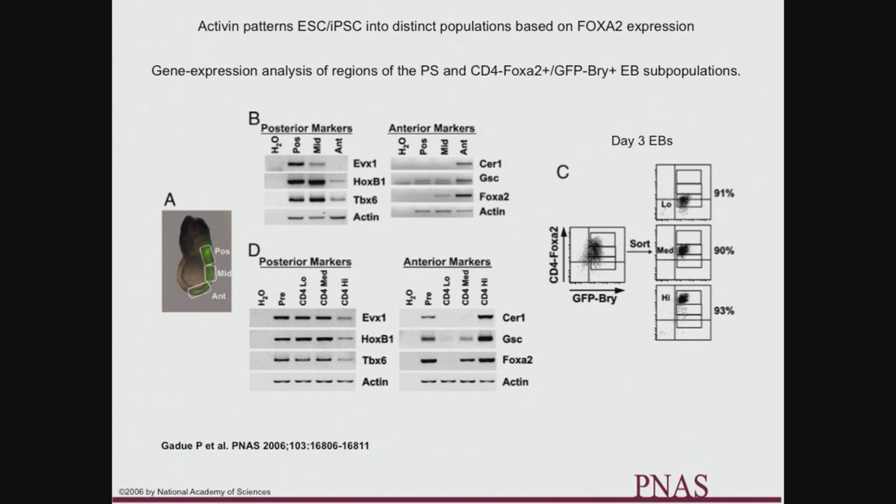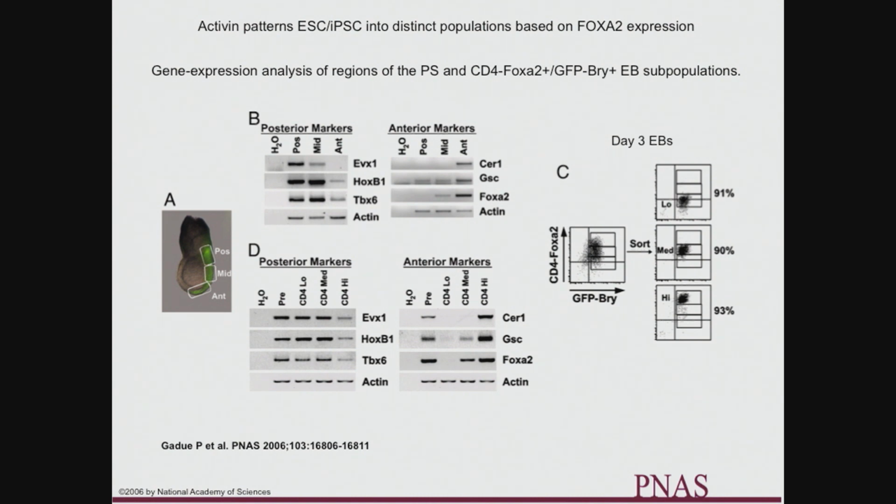So these are mouse embryonic stem cells that are differentiated and on day 3 FACSed and analyzed for FOXA2 expression and GFP brachyury. And as you can see, the majority of the cells are GFP positive or brachyury positive and FOXA2 positive. So these were sorted based on whether they were FOXA2 low, FOXA2 medium, and FOXA2 high.